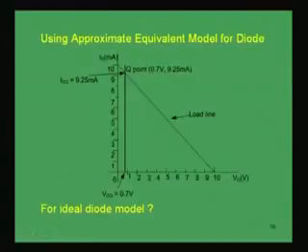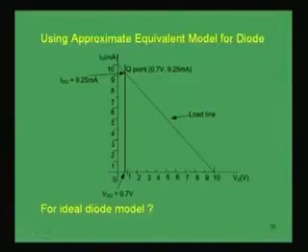So, we can see very clearly that using the approximate equivalent model will serve our purpose, and where exact calculation of current or voltage is not required, we can very well use this approximate equivalent model and carry on our analysis.